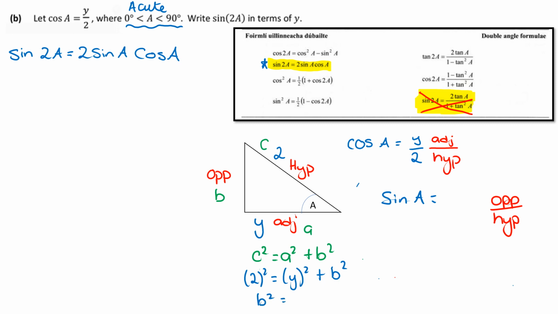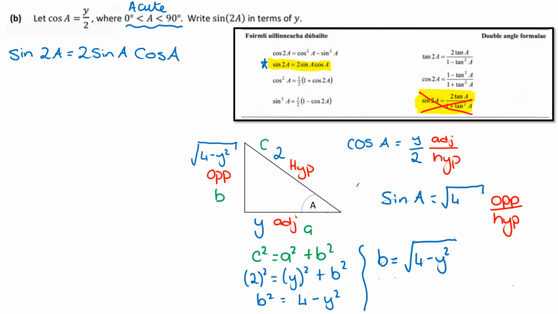B squared is equal to 4 minus y squared, and that gives me b is equal to the square root of 4 minus y squared. So this is the square root of 4 minus y squared, and that's my opposite. So sine is the square root of 4 minus y squared all over the hypotenuse, which is 2.